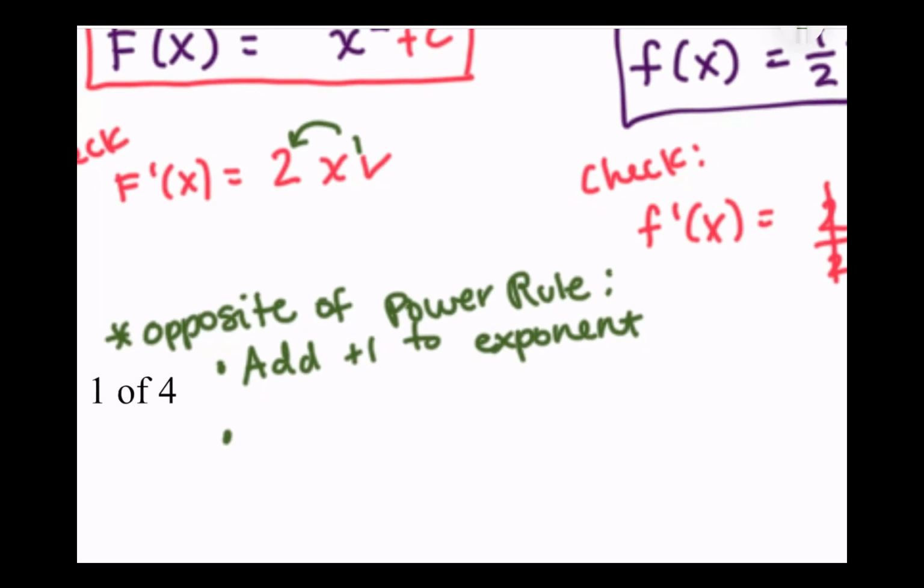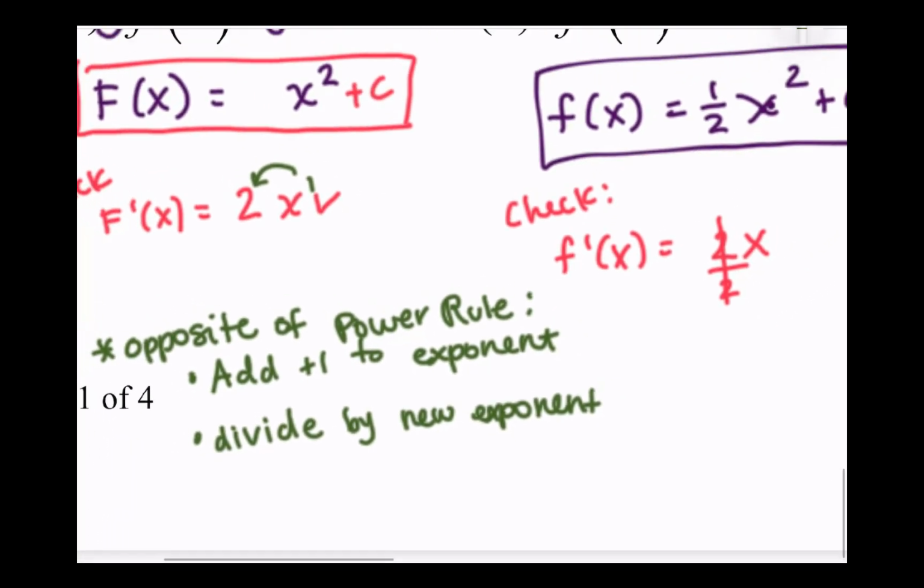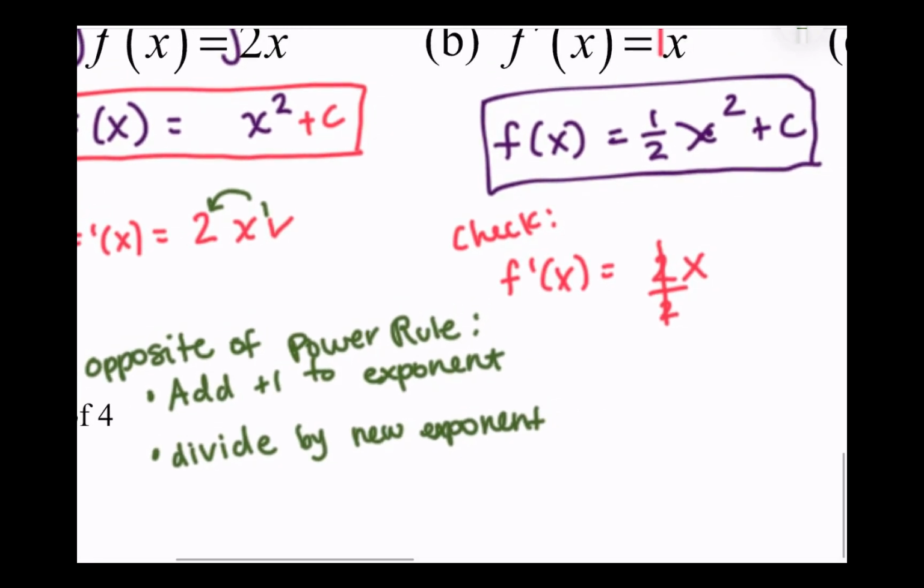And then instead of multiplying by the exponent, we're going to divide by the new exponent. If you think about it, these are the inverse steps to undo the derivative.